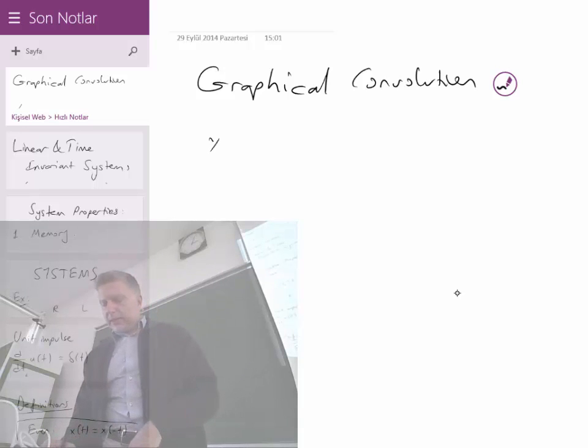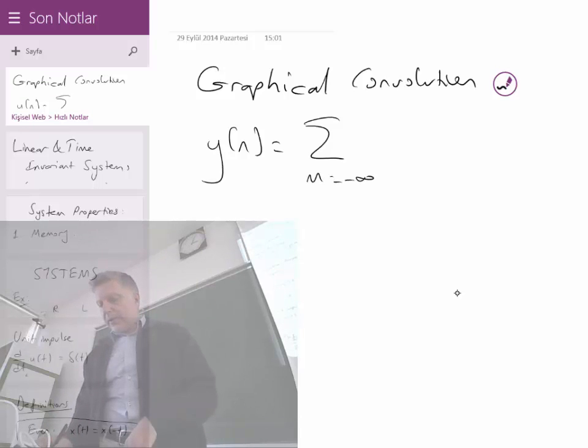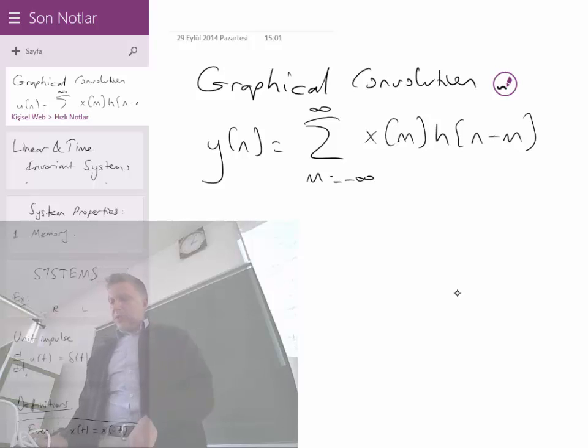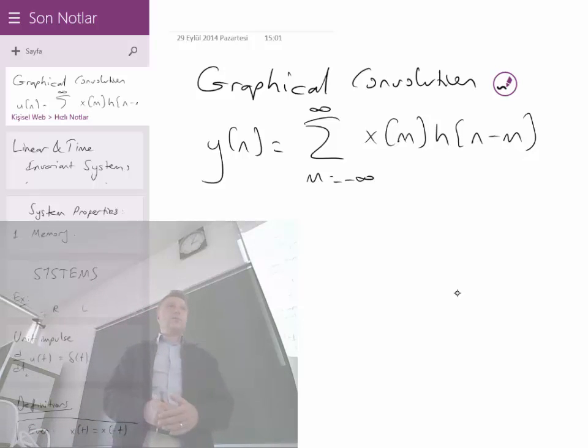Let me write it again. x of n convolved with h of n gives y of n, the output, equal to the sum over m from minus infinity to plus infinity of x of m times h of n minus m. So this was the convolution of x and h, the formula of convolution.